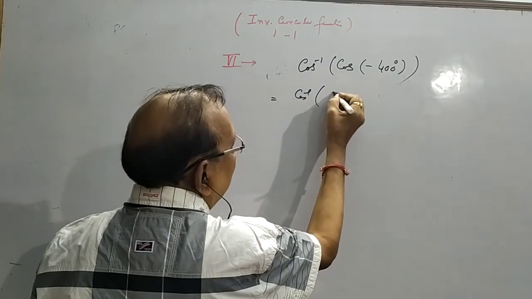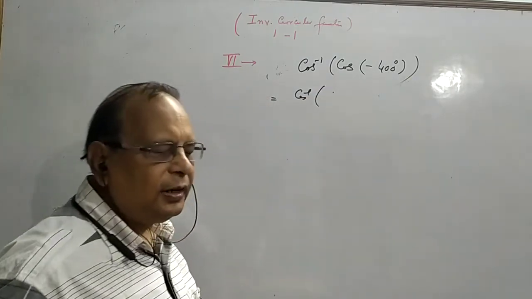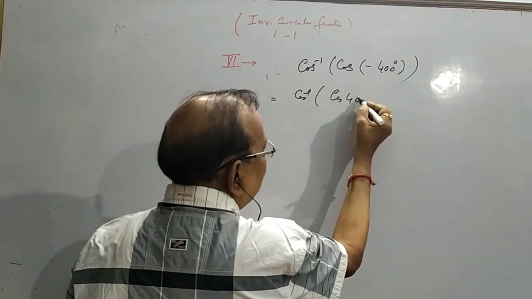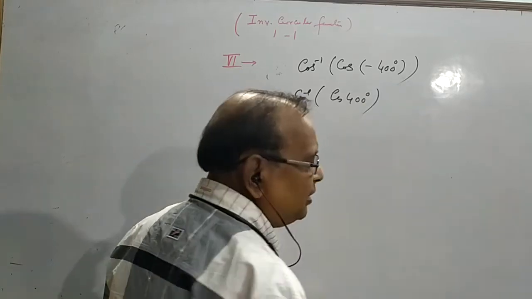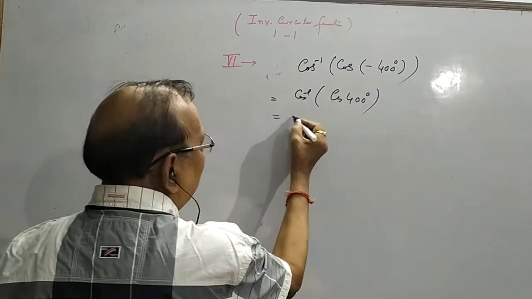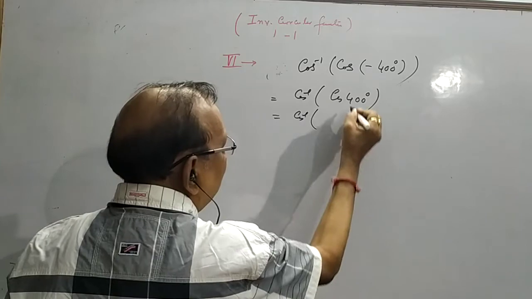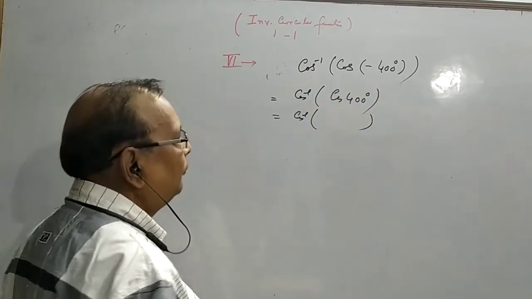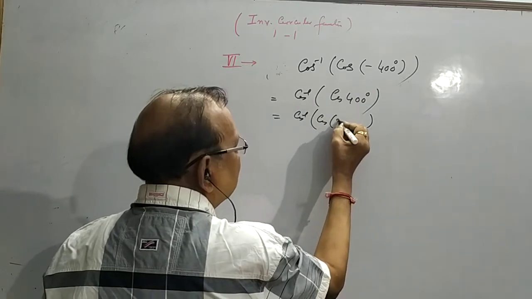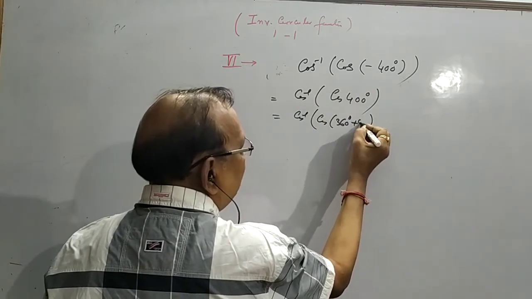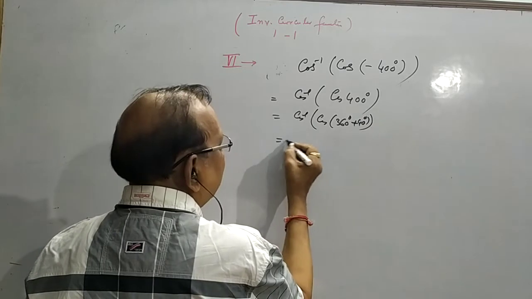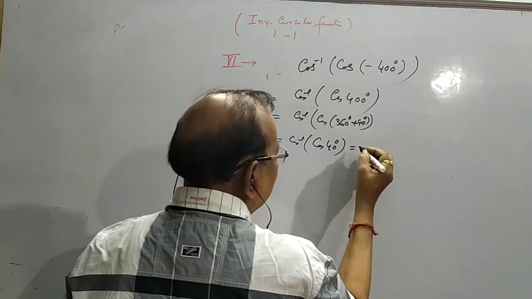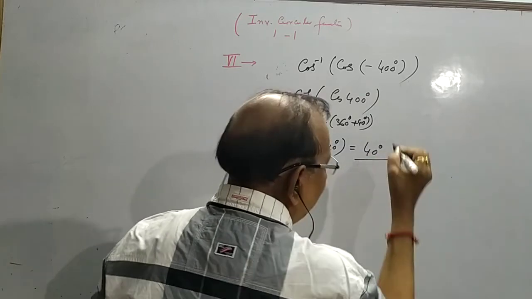Cos inverse cos minus 400 is equal to cos 400 degree, as cos minus theta is equal to cos theta. Now convert this into between 0 and 90 degree, that is cos of 360 plus 40 degree, that is equal to cos inverse cos 40 degree, that is 40 degree.